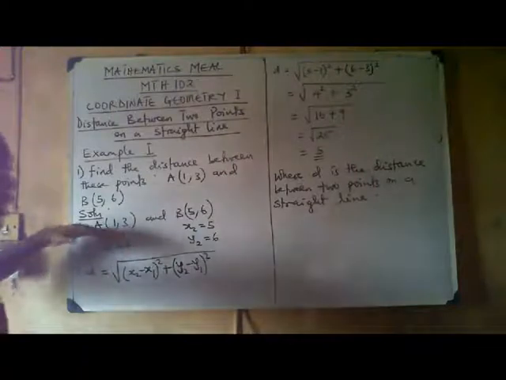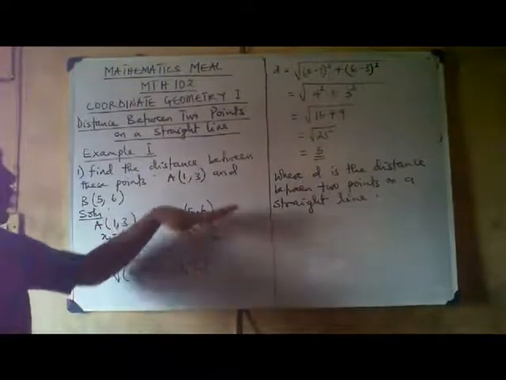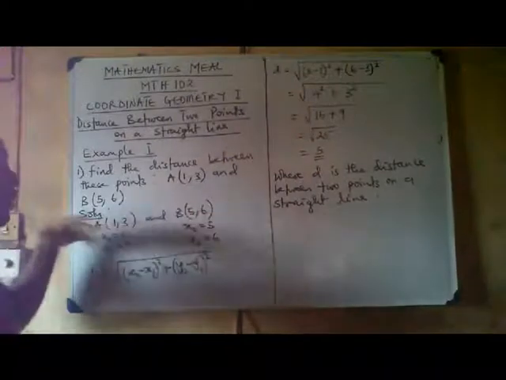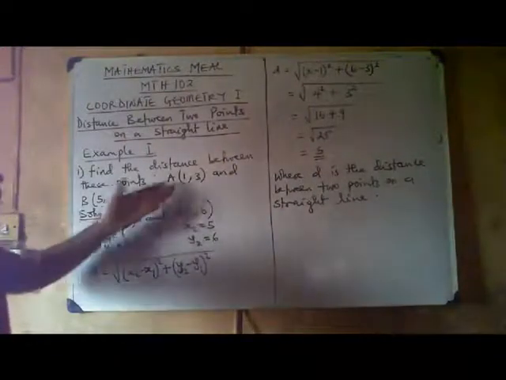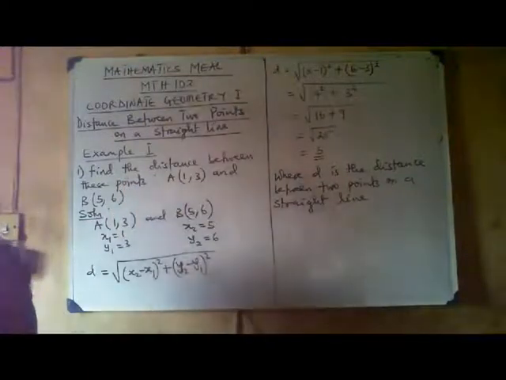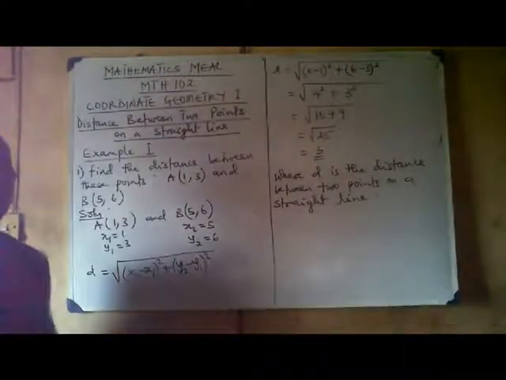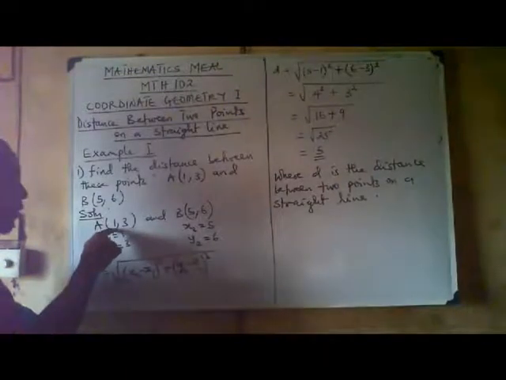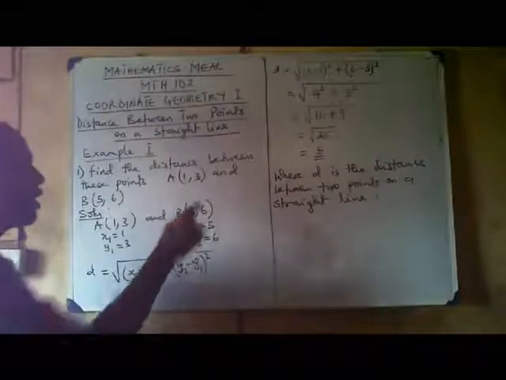You can decide that this one will be your first point while this becomes your second point, or this one becomes your second point while this becomes your first point. But it's usually okay to use the first point given in the question as your first point, and the second point given as the second point. One thing is important: where we have x1 is where we are going to have y1, and where we have x2 is where we are going to have y2.